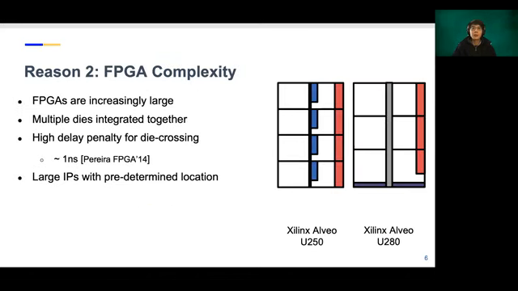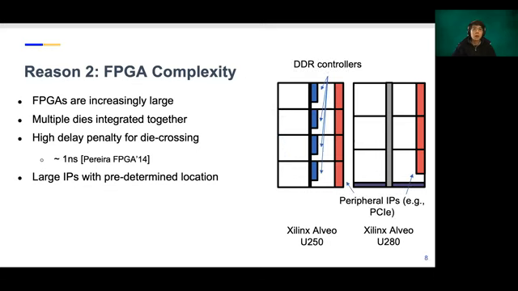Another important reason is that the architecture of modern FPGAs poses new challenges to our CAD tools. Current gigantic FPGAs all consist of multiple dies integrated together. Well, this approach surely helps create more programmable resources, but the downside is that the gaps between dies will incur additional delay penalty for signals.